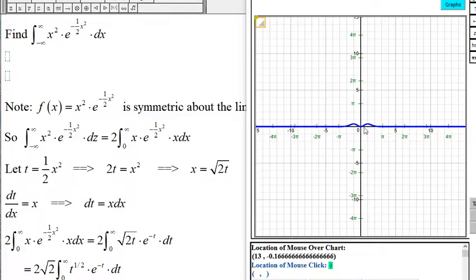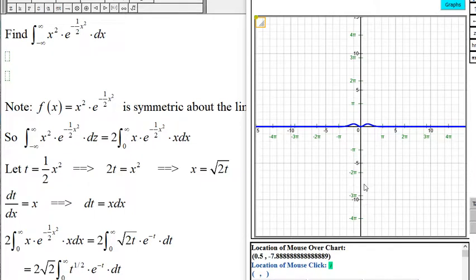And so we can see that the graph is symmetric about the line y equal to 0.